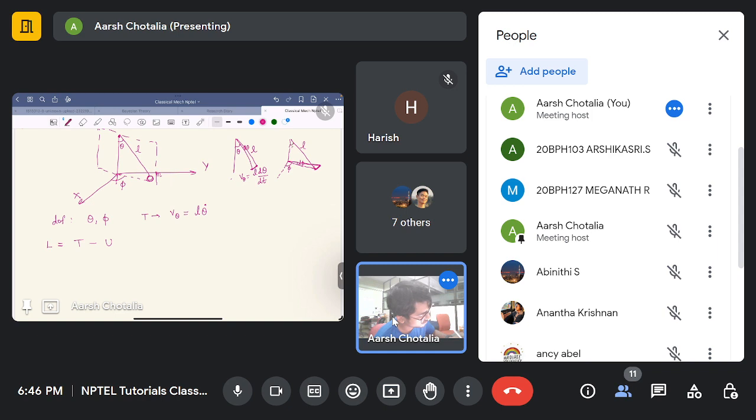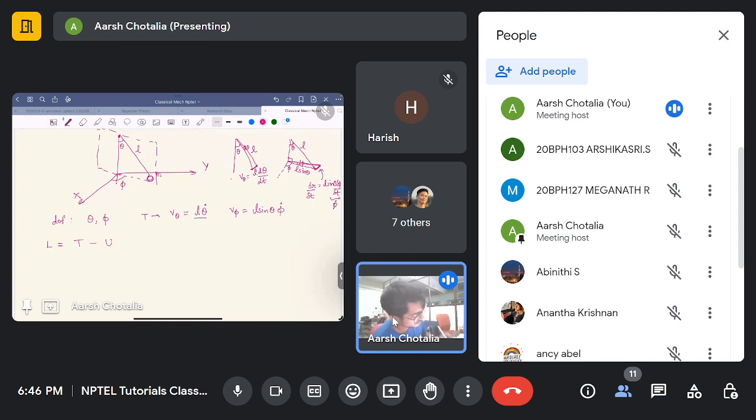How short? This angle is theta, so you can consider this perpendicular triangle. So this radial vector would be L times sine theta. So this delta r would be L sine theta delta phi. When you divide it by delta t and take the limit delta t to 0, you get v phi is equal to L sine theta phi dot, right?